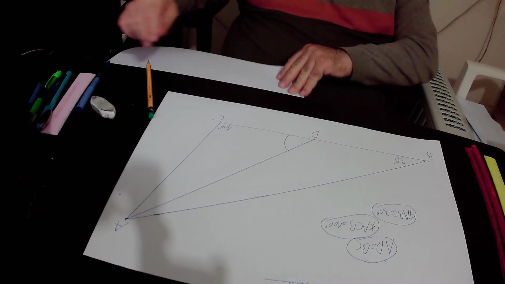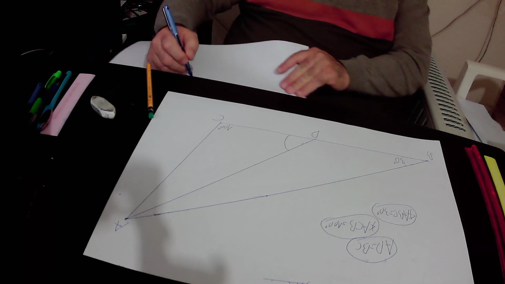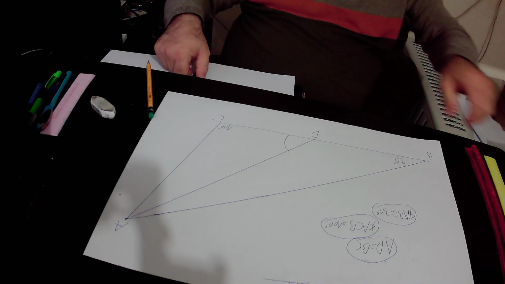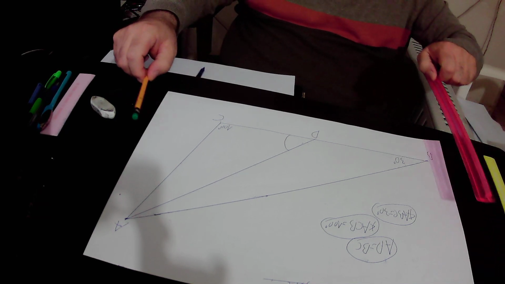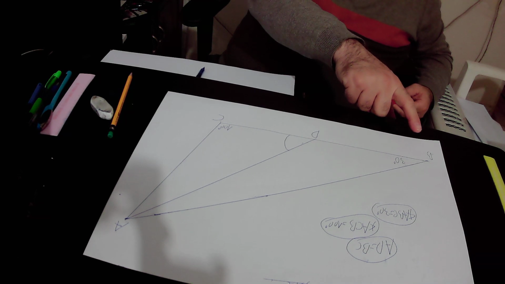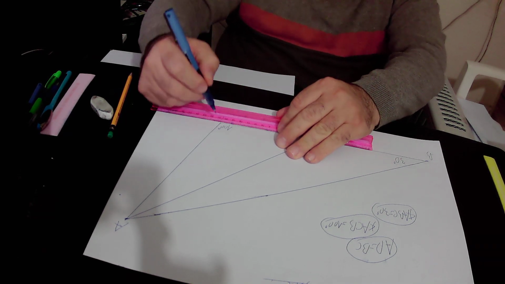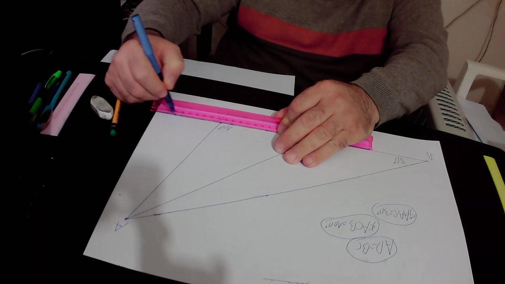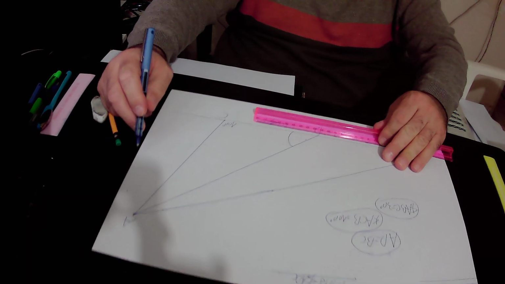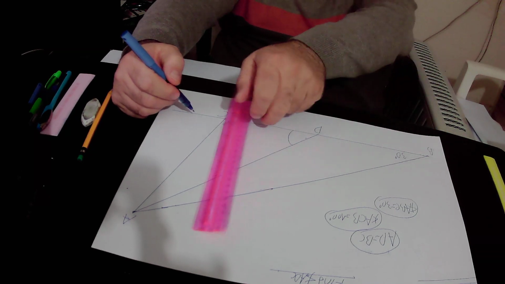Okay, in the second method, we will do another construction from point A. First of all, we will extend side BC, and from point A, we will draw a perpendicular to the extended BC.